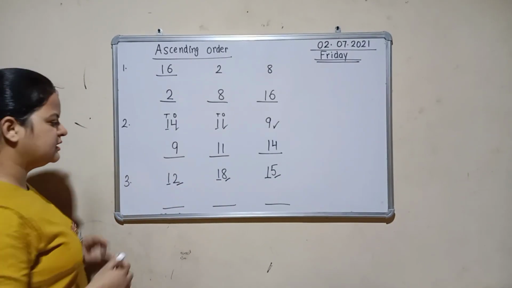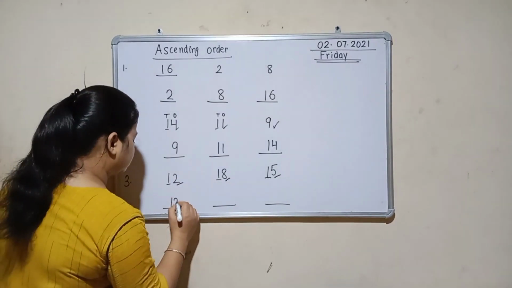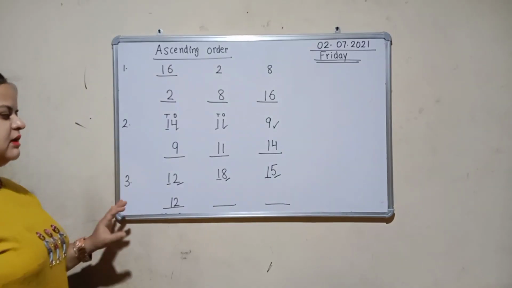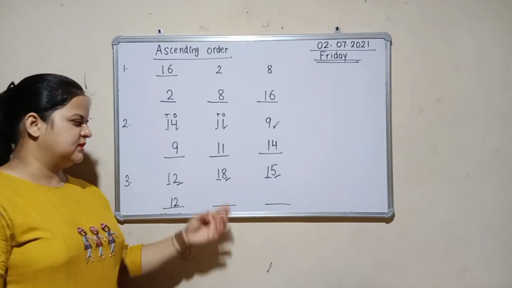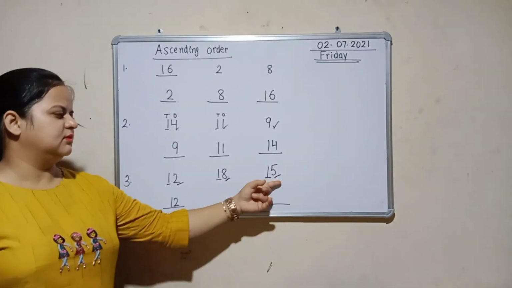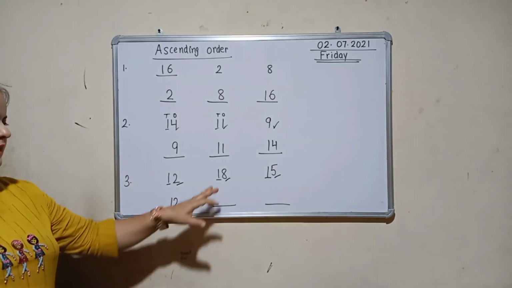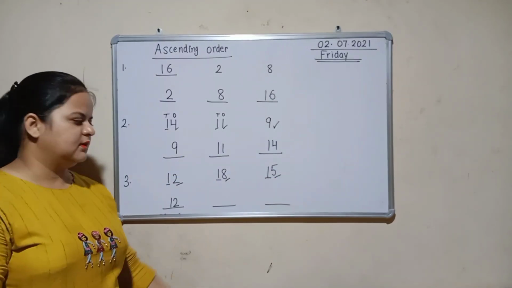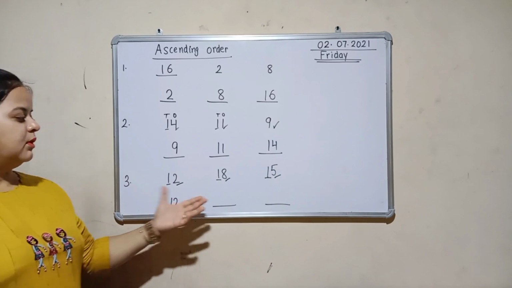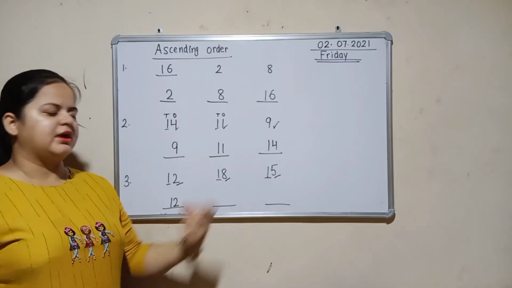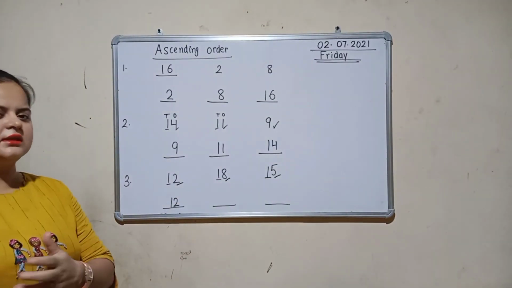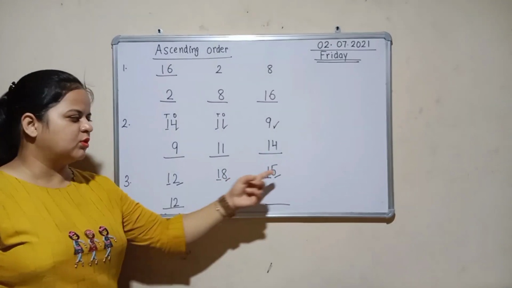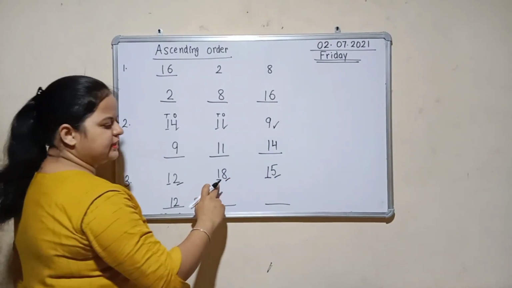Yes, 2 comes first. So 12 is the smallest number. And which number comes last? 5 or 8? 8 comes last in the counting. Yes. And 8 and 5, which is more than the other? 8 is more than 5. So 8 is the greatest number.